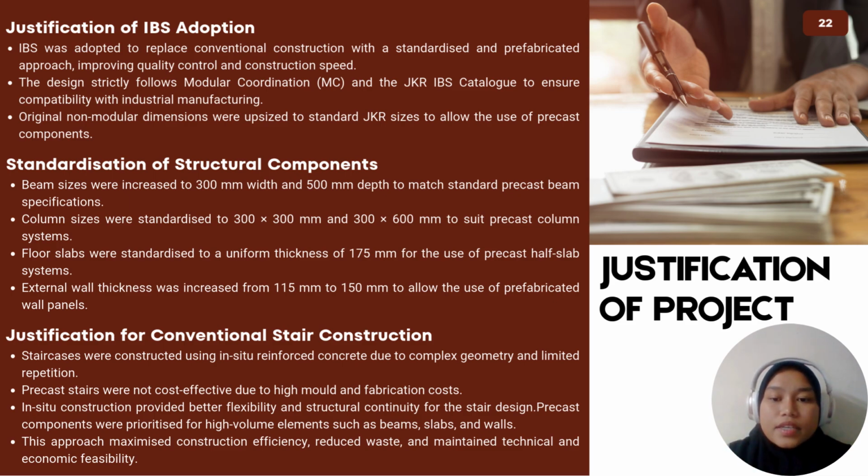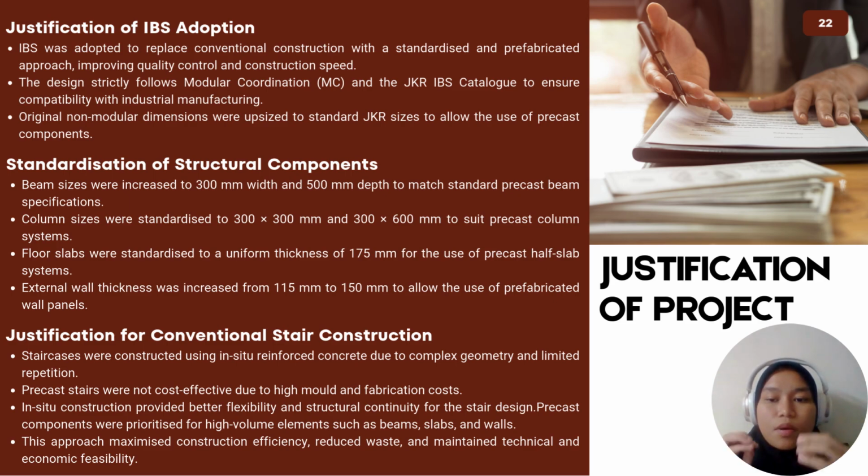All non-modular architectural and structural dimensions were adjusted to the nearest standard size to ensure compatibility with precast manufacturing. Precast construction was prioritized for high volume components such as beam, column, slab, and wall, which maximizes efficiency and reduces material waste.